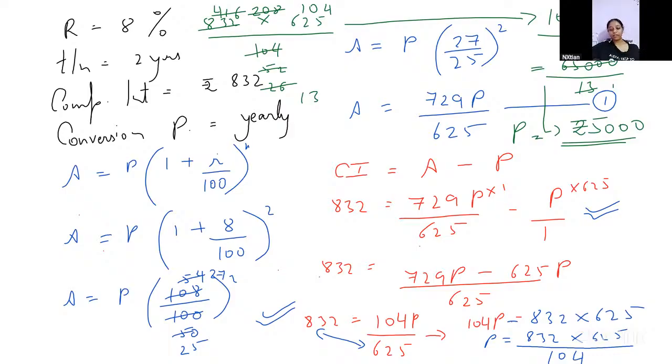What will be A? Amount is the total of what two things?